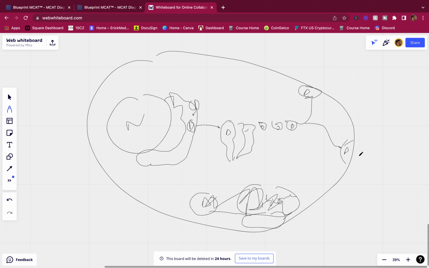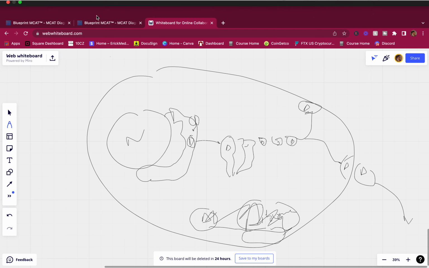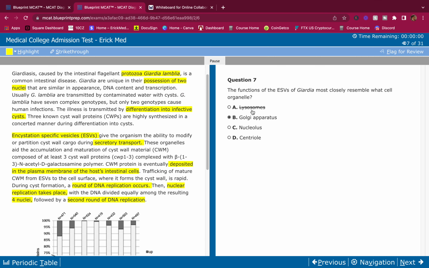This secreted protein can then travel wherever it needs to, maybe insulin that travels in the blood to a target cell. So that's secretory transport, and the Golgi works in that. Nucleolus, no. Centriole, no. Answer is B. Given passage information, Giardia most likely transports which of the following proteins external to the organism itself?